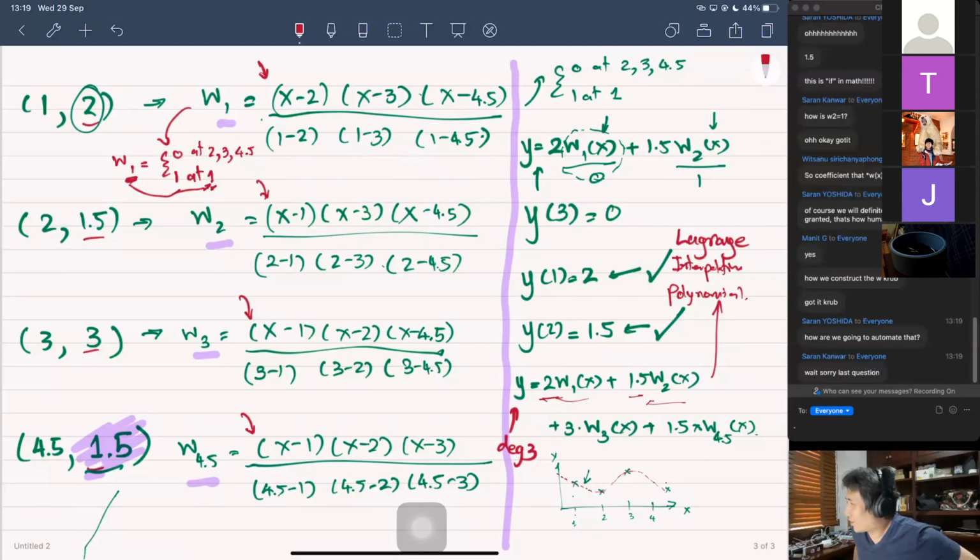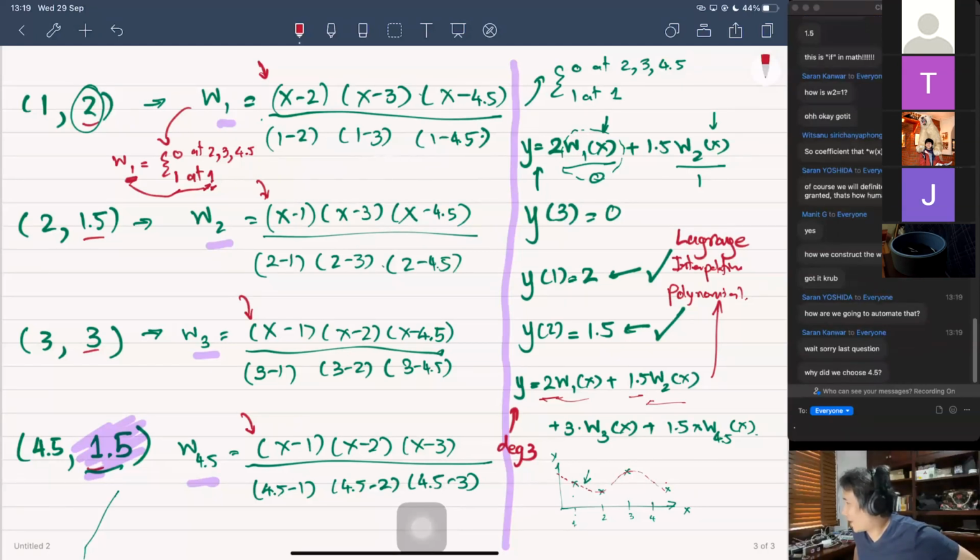You guys have nicknames, so why did we choose 4.5? What do you mean? Because we want it to be 1.5 at 4.5. And you asked me why is it not 4? Because if I show you 4, you thought it's a normal grid, the spacing is regular.